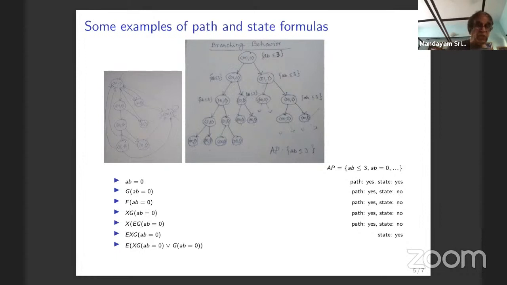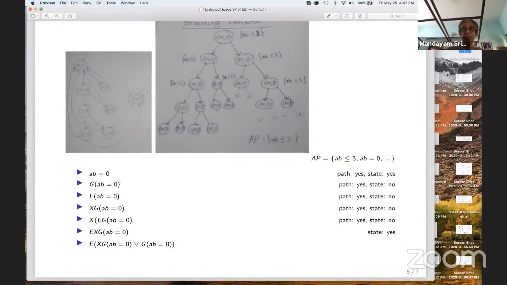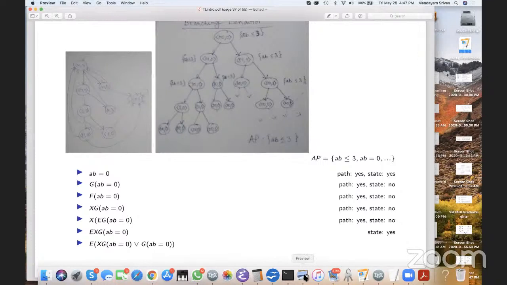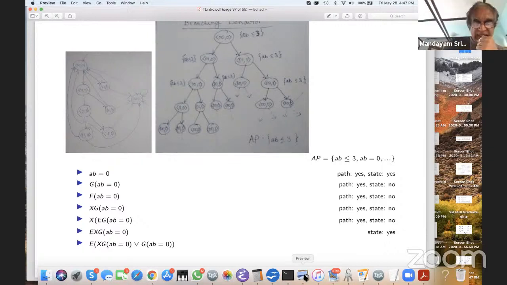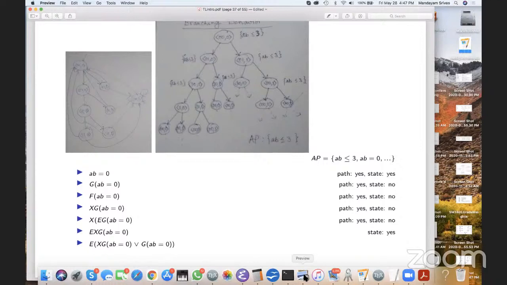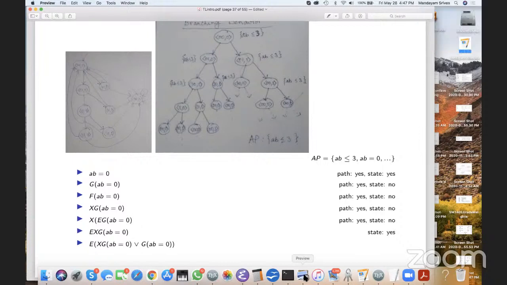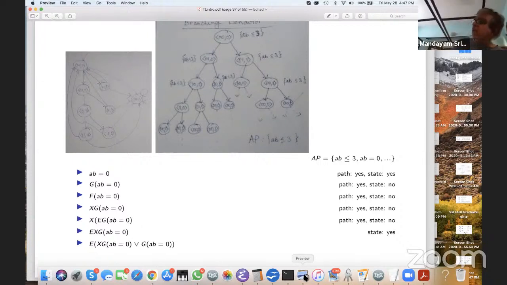Okay, so any questions? So you said every state formula can be a path formula, right? Correct. So how do you interpret a path formula that says E something? I don't think that was covered in the semantics slide. Yeah, I think I have to be careful here.